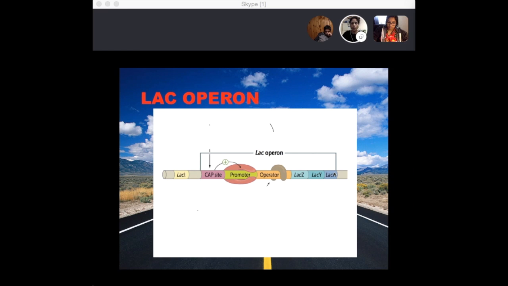An important point to make note of is that this is a prokaryotic cell system, and so prokaryotes make something called polycistronic RNA. Does anybody know what that is?